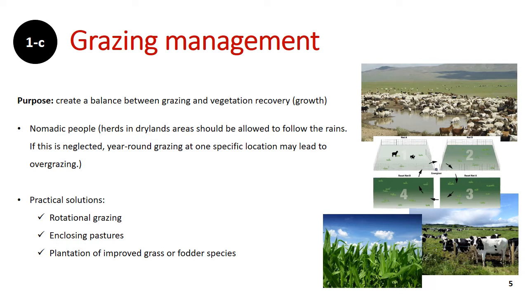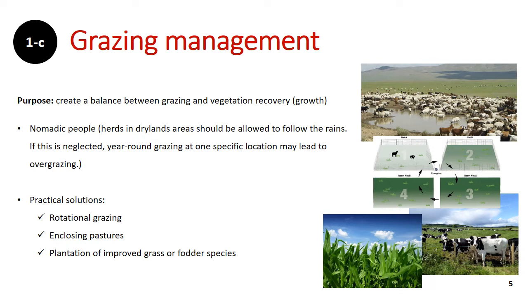However, this can lead to a problem if you don't manage it very well. That's why the management is the most important thing. Let's assume that you enclose these cattle and sheep in one area, and they have been kept to graze for a longer time. Then they can intensely create pressure on that area and cause overgrazing, and the other areas might not suffer the stress. So you have to manage these things.